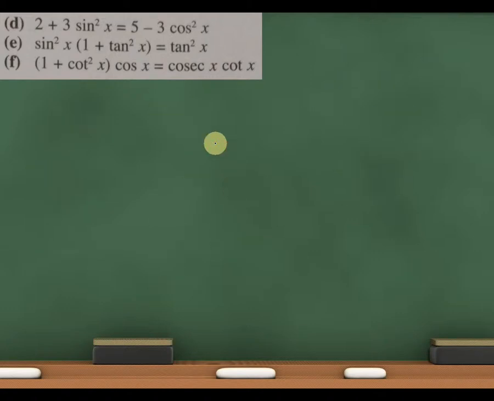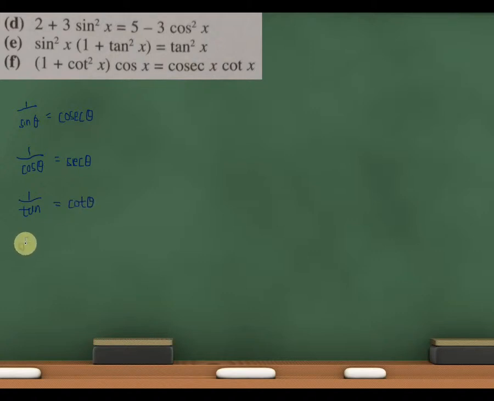Okay, now let's move on to part E. Before I start, let me write down the identities first. It's important that I write all this down because I can always refer to them by the side, and it will help me to see a pattern and eventually help me solve the identities. 1 over tangent is cotangent, 1 over cosine is secant, and cosine over sine is cotangent.